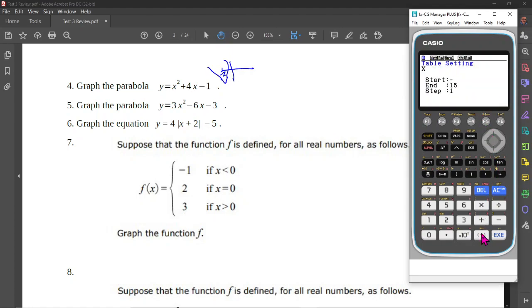Let's go with -5. I guess I need to be a little bit more negative. Anyway, I need to start in the negative values. So then I see it coming down. -2, -5. So there's our vertex of our absolute value, and then we go up from there.